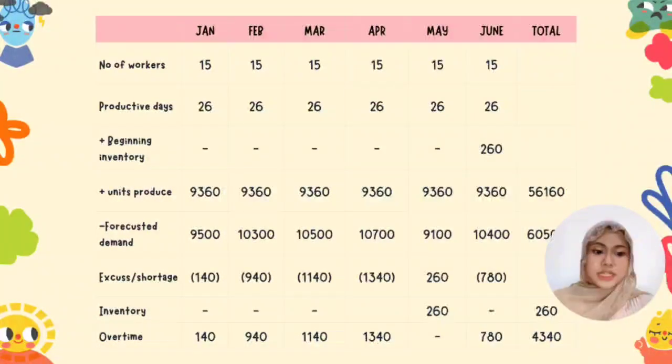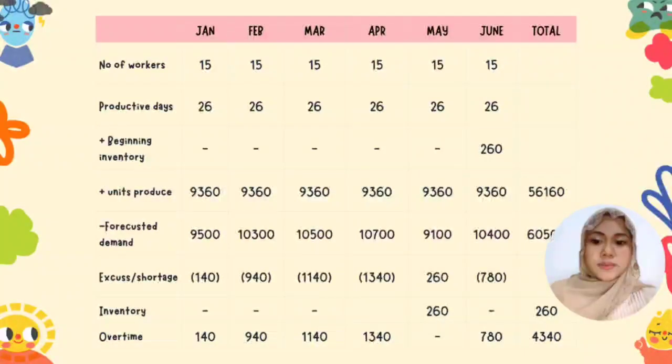So for step 3, we need to compute and specify the breakdown of resources every month. We need to make a table that consists of number of workers, productive days, beginning inventory, units produced, forecast demand, excess or shortage, inventory, and lastly overtime. For January, it consists of 15 workers. The productive days are 26 days.